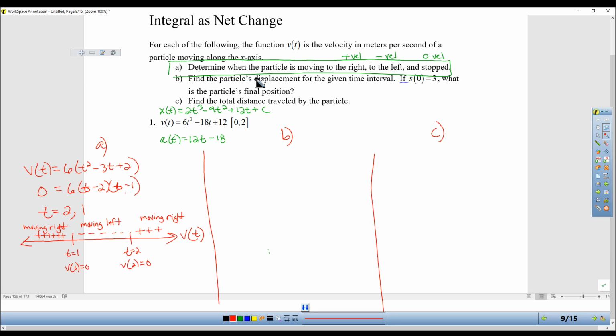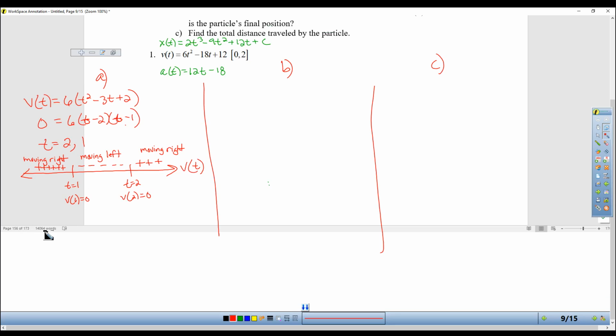So the question was, when is it moving to the left, right, and stopped? So it's moving right on the interval from, now watch this, even though I could just say from negative infinity to 1, I'm actually going to say from 0 to 1 because time can't be negative.